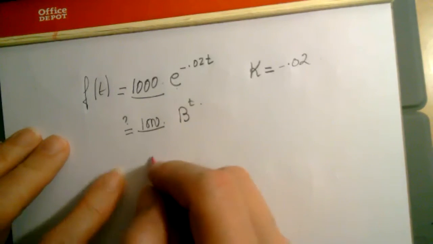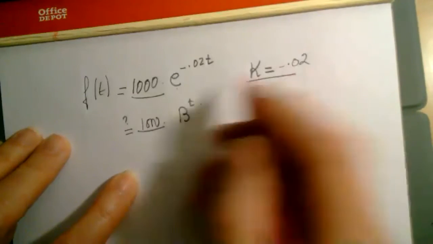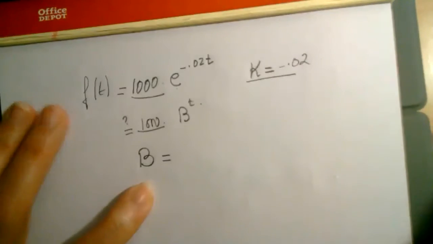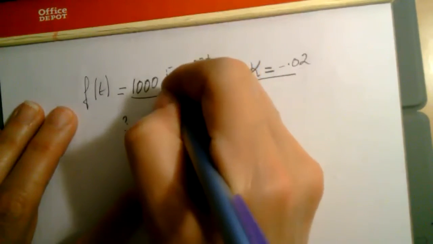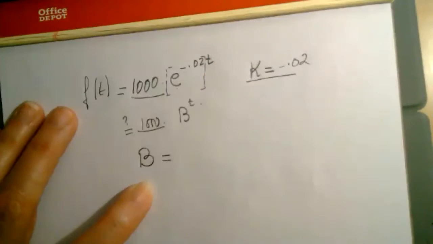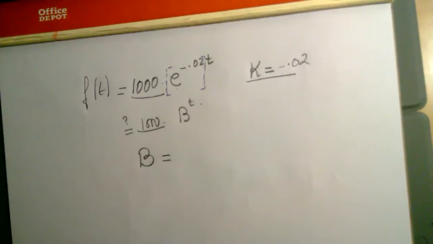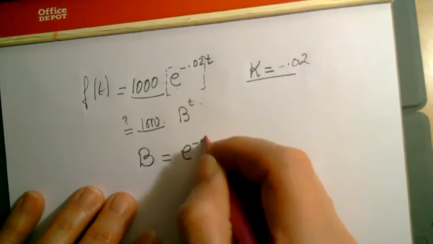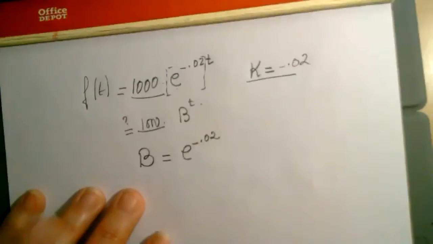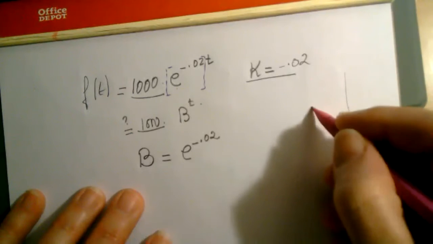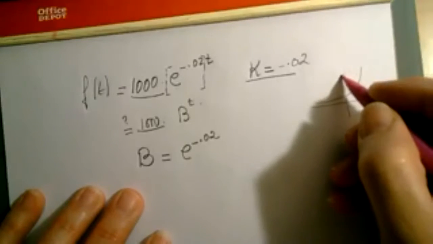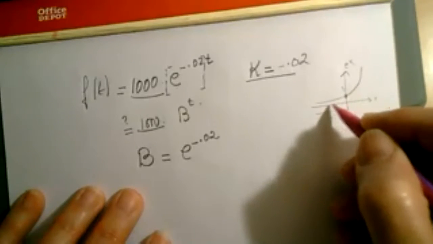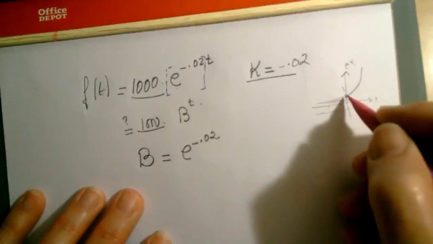So now I remember what's the relationship. I know the k, what's the b? If you ever forget, this is easy. The b is actually this piece right here, e to the power k. So this is e to the power minus 0.02. I should get a number less than 1, because when the exponent is negative, the exponential takes a value less than 1.